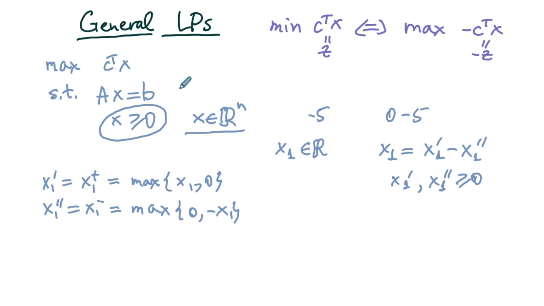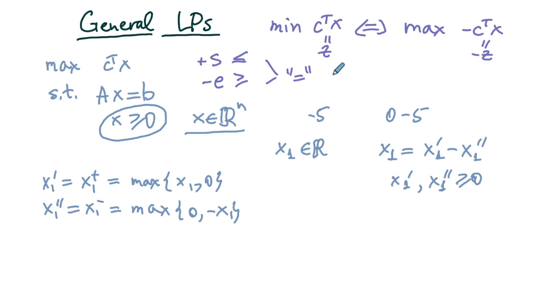Then for the constraints, we have the equality constraints in the standard form representation, but again it covers all the cases, because whenever I have a less than or equal to type constraint, I introduce a slack variable, and whenever we have a greater than or equal to constraint, we subtract an excess variable. And this converts both of these cases to equality constraints.